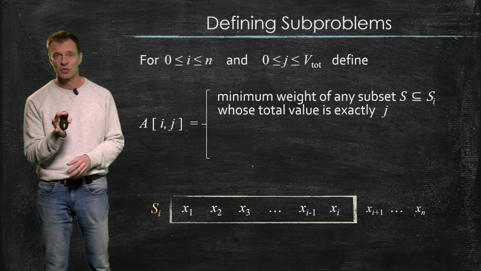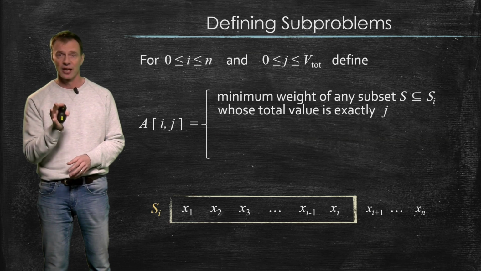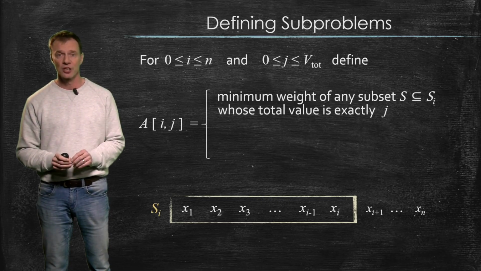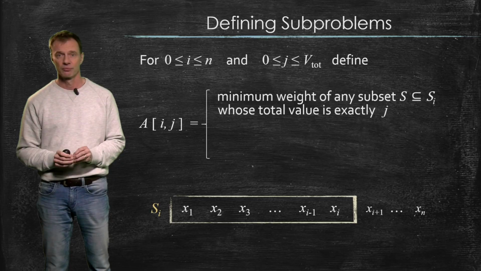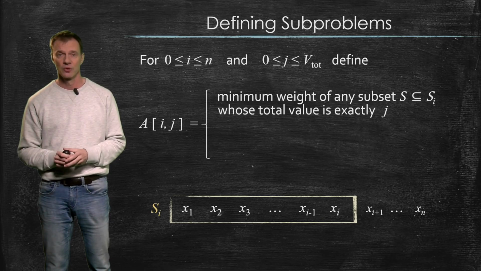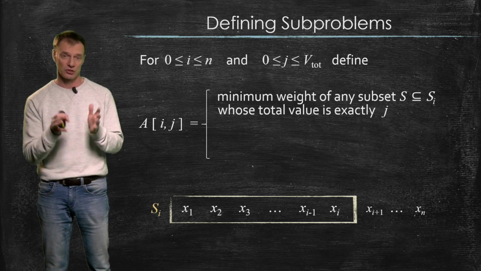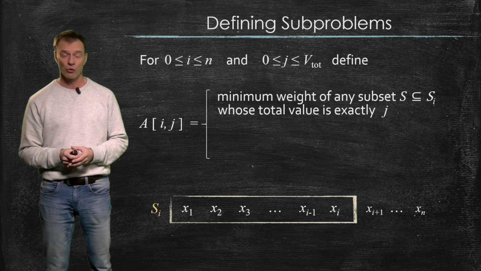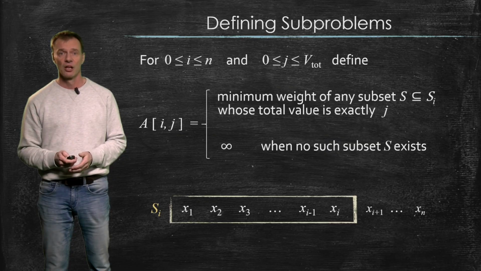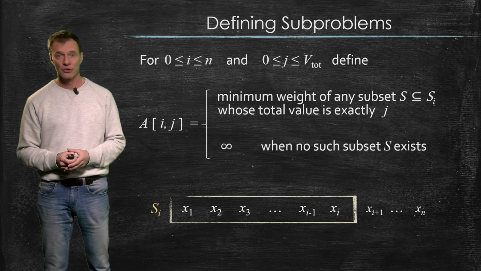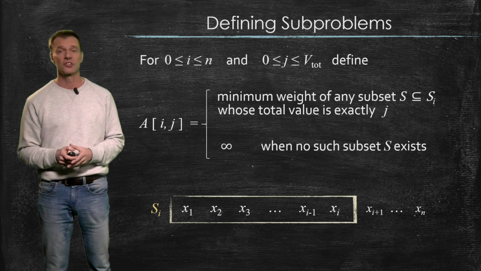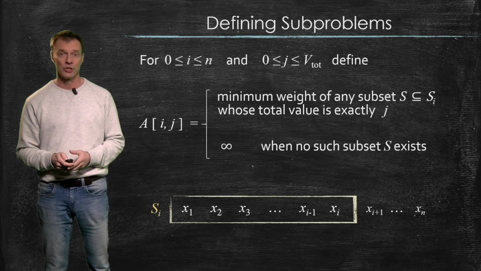Right? So the minimum weight of any subset of S_i, such that the total value of this subset is exactly j. Okay? And we're going to define this for i between 0 and n, and j between 0 and the total value of all the items together. And, if, which could easily happen, there is no subset whose value is exactly j, in that case, I define A(i,j) to be infinity.